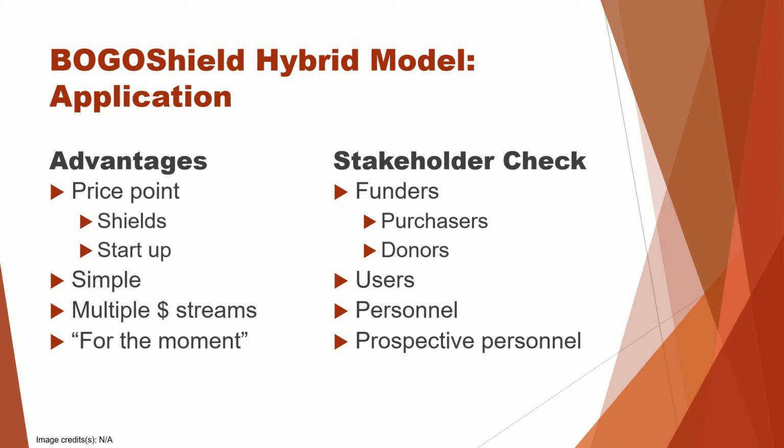It's a really simple model, so it can be copied. It also provides multiple revenue streams, so both purchasers of those who want the shields and then also people just willing to donate. This enables us to capture two markets, the utility market, people purchasing for themselves, and then the donor market of people purchasing for altruistic reasons.